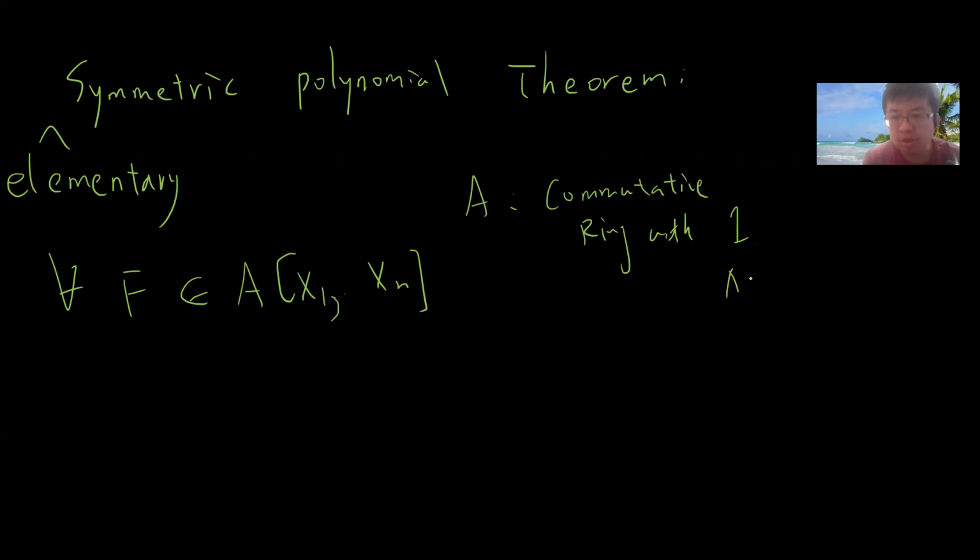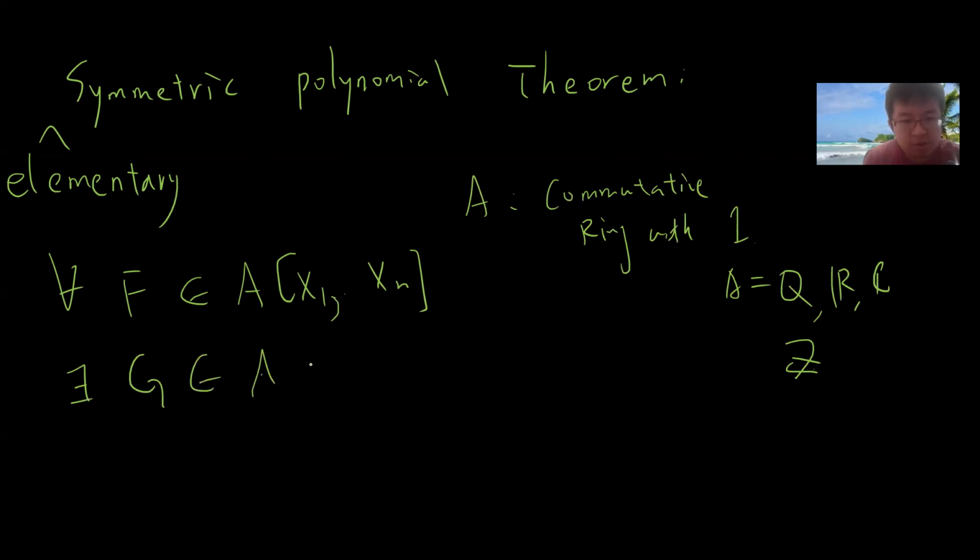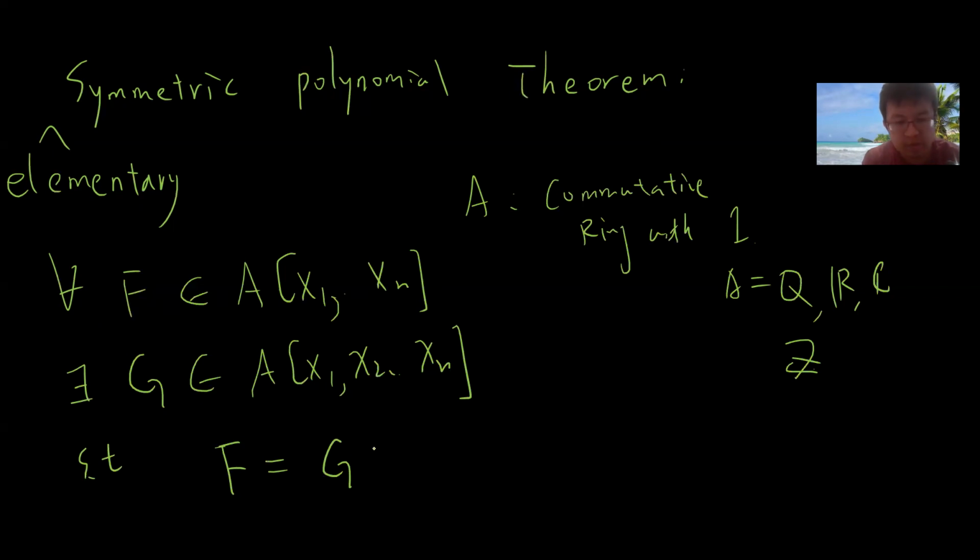Usually you can take A to be Q or R, usually a field, but sometimes you will need the integer version. Then there exists a g belonging to A[x1, x2, ..., xn] such that f equals g plugging in s.